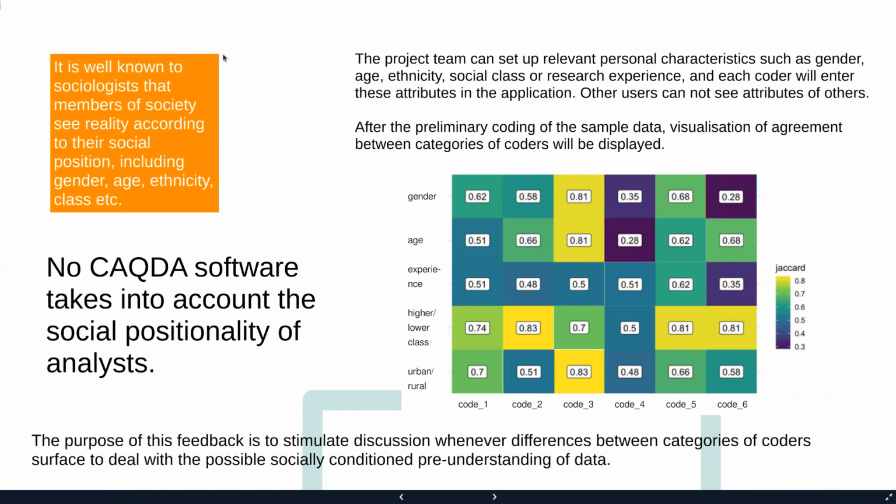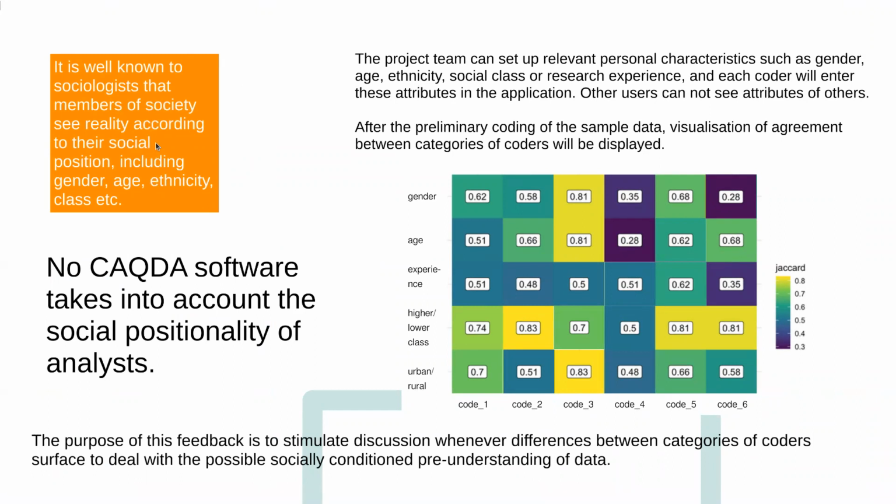As I explained, in the sociological perspective, coders are embedded in the social environment, so they code according to their social position. They can recognize something as significant because of their gender, age, ethnicity, religion, class, etc.